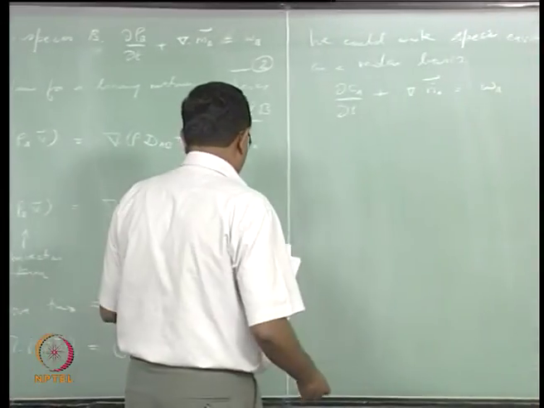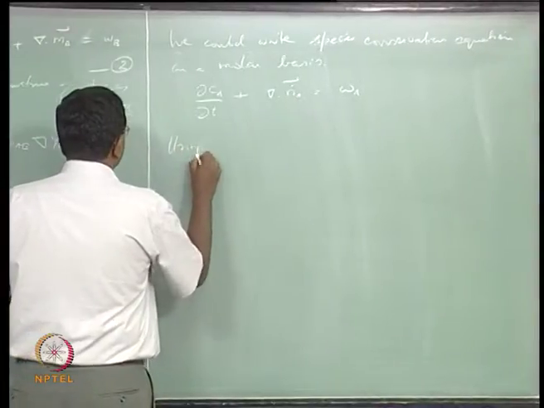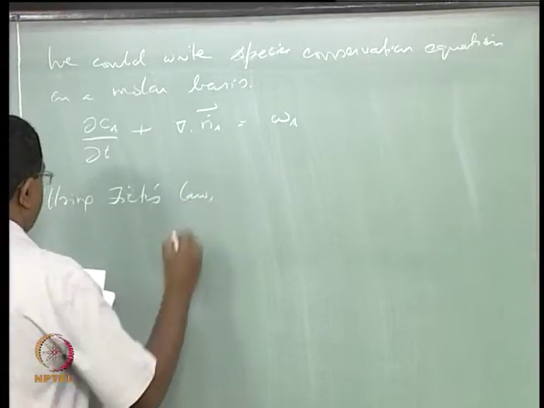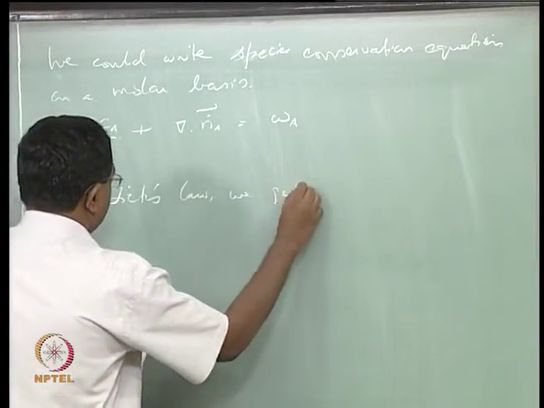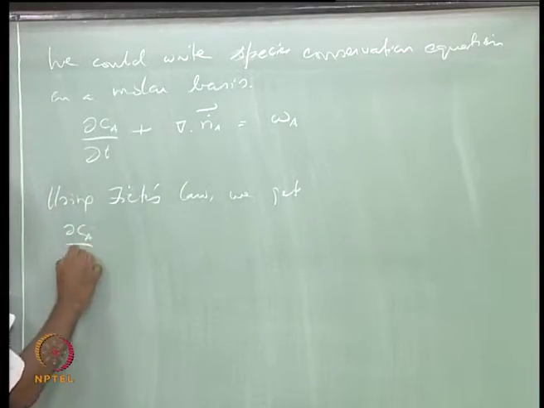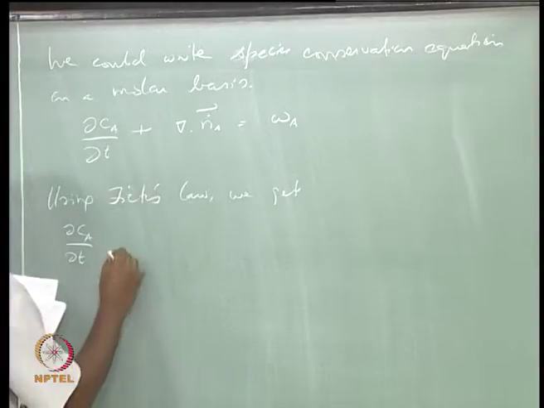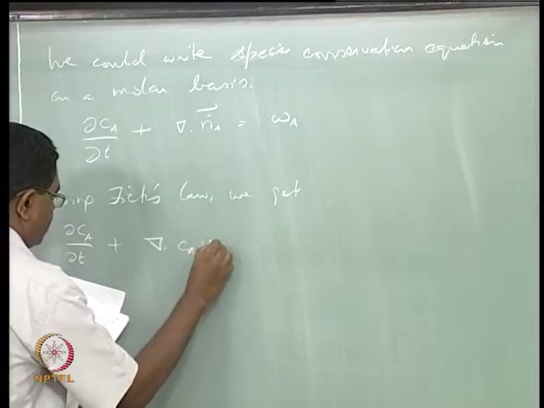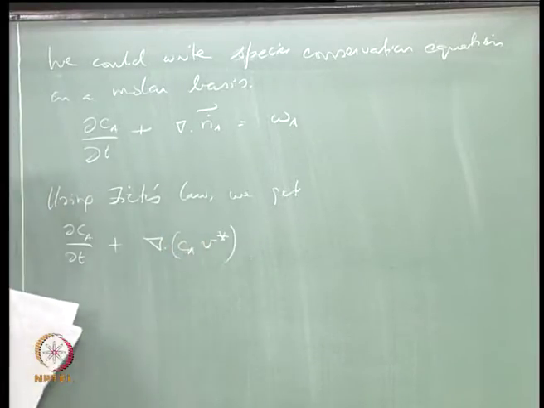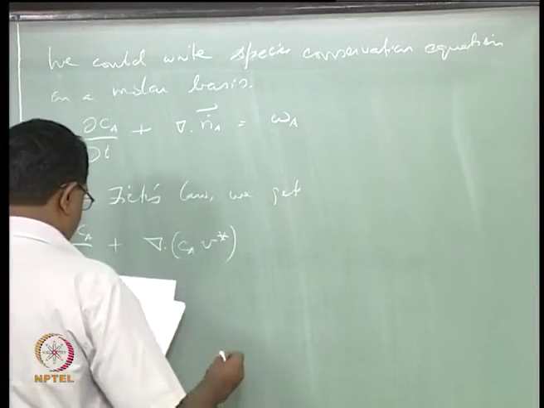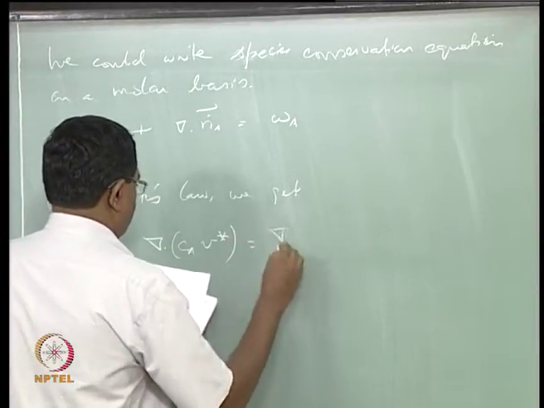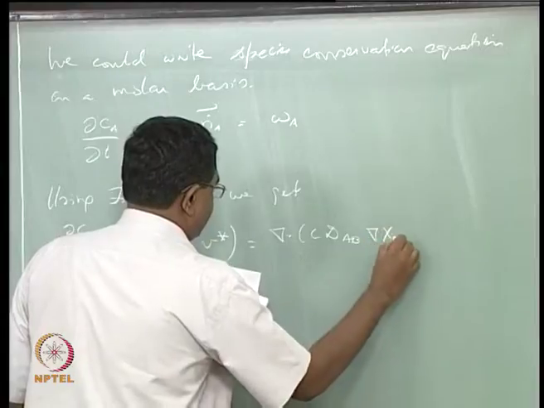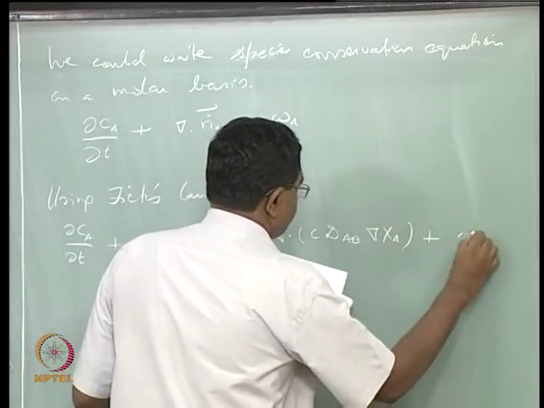So using Fick's law we get dou CA over dou T plus divergence of CA V star, which is the molar averaged mixture velocity, equal to divergence of C DAB gradient XA plus omega A, right?